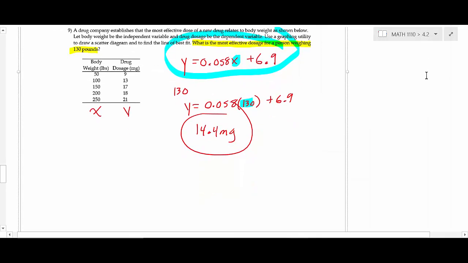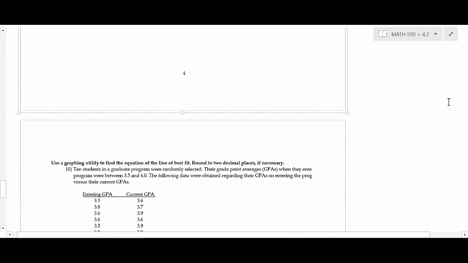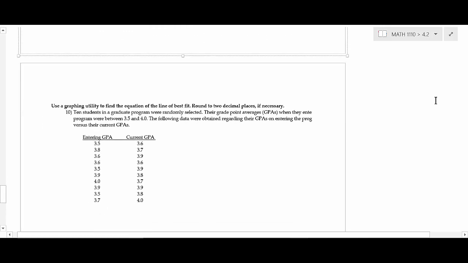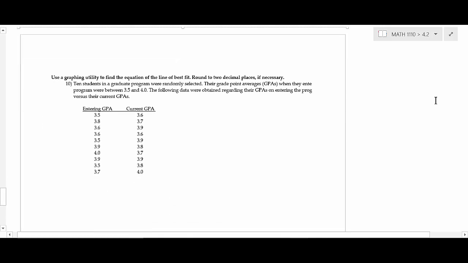Okay, well, so you'll do this on your exam too, on the calculator part. You'll do regressions, scatter plots, then you'll answer questions about that. Okay, so I'm going to go ahead and let you do the next one on your own. I don't care about the scatter plot so much, but if you did a scatter plot, you would want to write, this would be a student's entering GPA, and then this would be the current GPA.